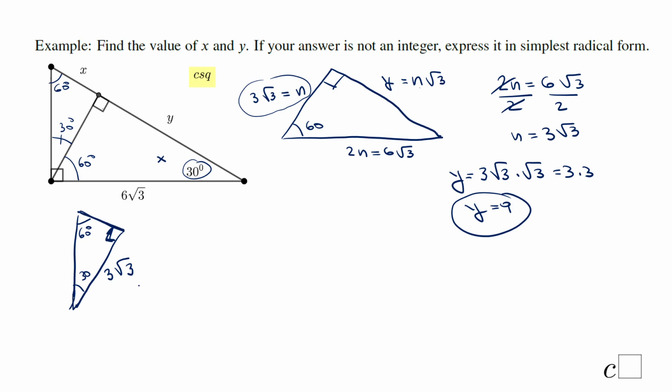And we want to find this piece. Okay, now be careful, this is on the other side of 90 degrees, so I hate to call it n square root of 3 because we're probably going to get confused, but this leg is going to be, let's say, m square root of 3. We're going to solve for m here.